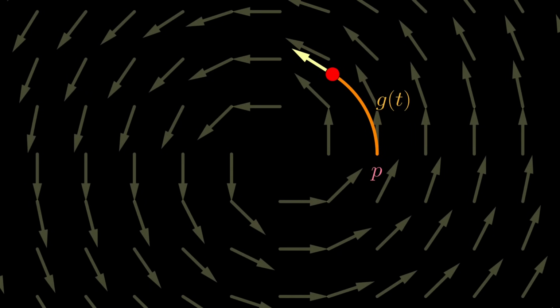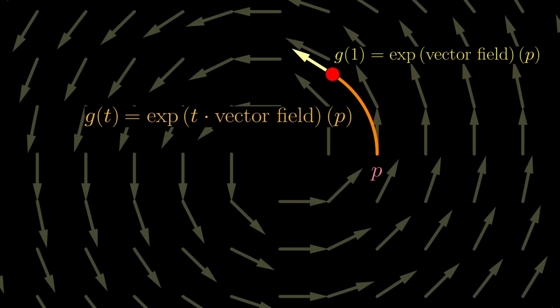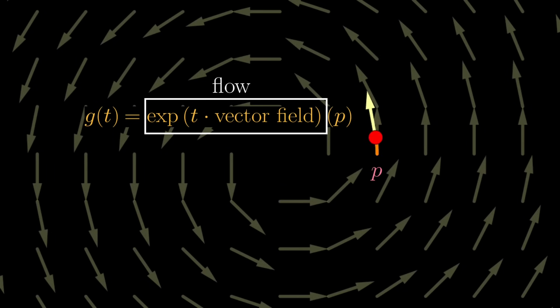The destination, when 1 unit of time has passed, would be where the exponential of the vector field takes us from P. In general, the intermediate points are also described by the exponential of t times the vector field, where you can think of each vector in the vector field shrinking by a factor of t. The exponential of this family of vector fields is aptly called flow, because it really lets the point P flow to other places along this vector field.